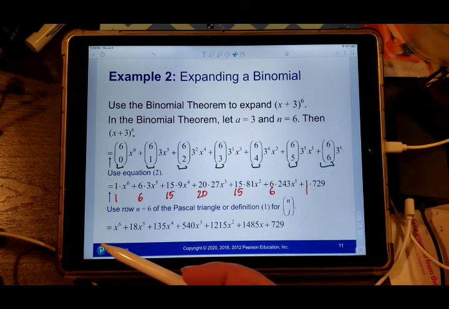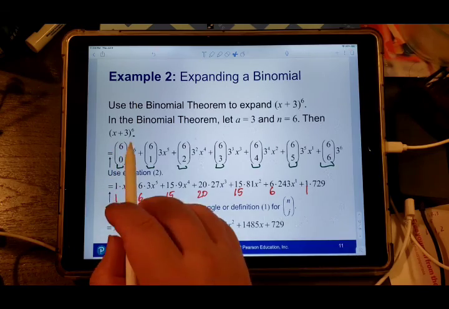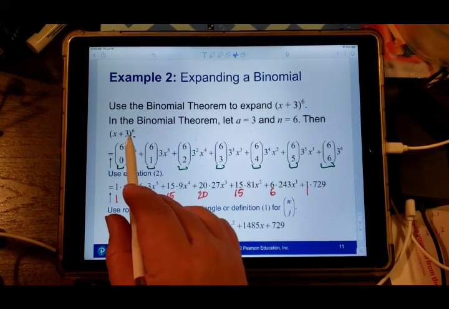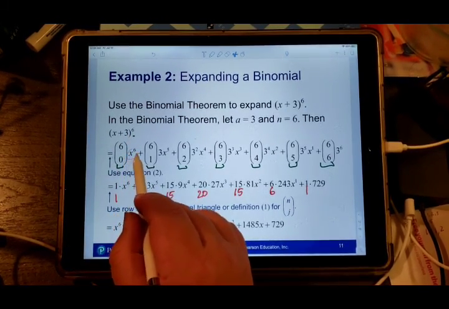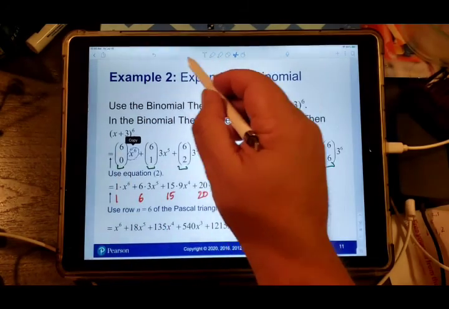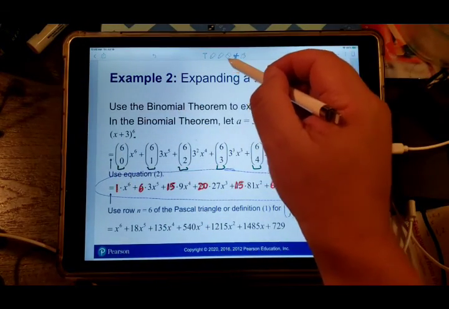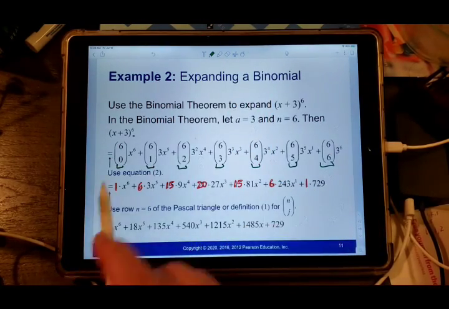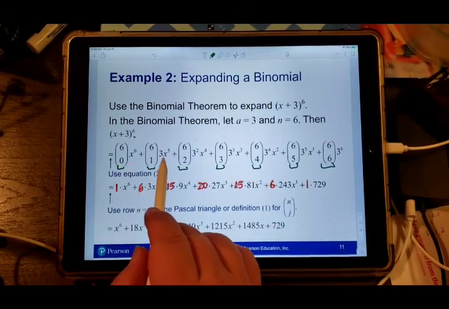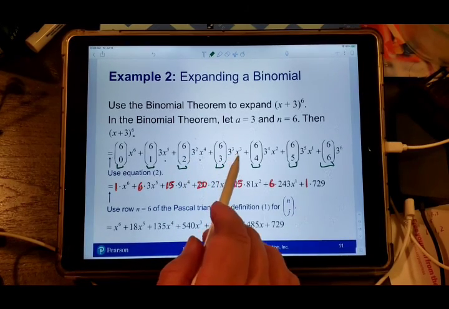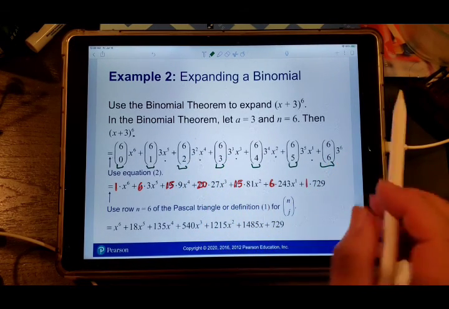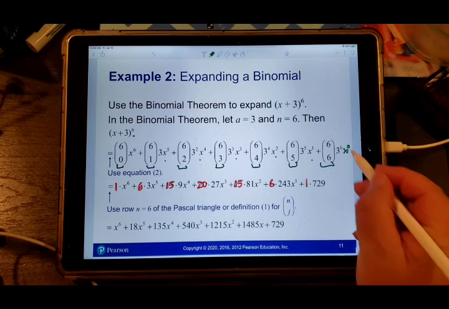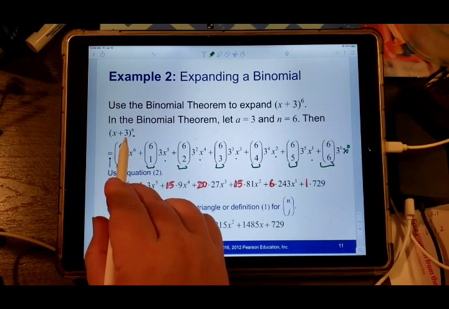Now, what's the rest of this? Well, the rest of it's patterns. What happens to the x? It starts off as 6 and goes 5, 4, 3, 2, 1, 0. What happens to the 3?